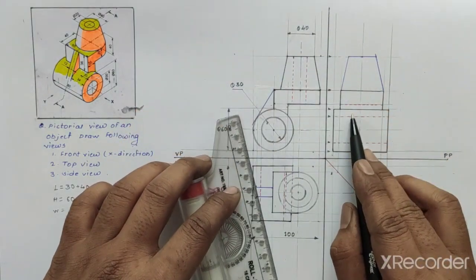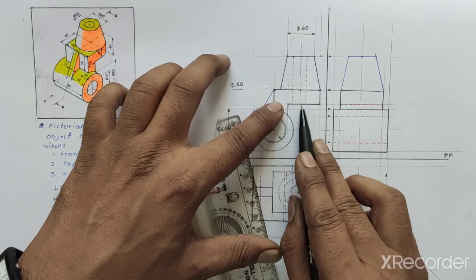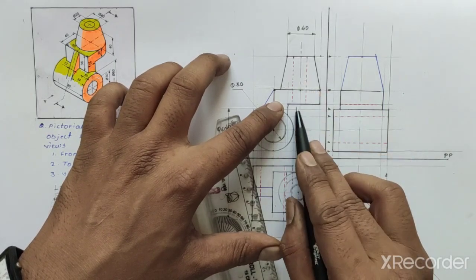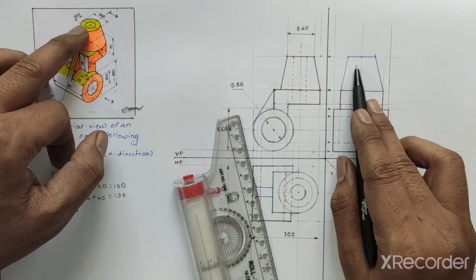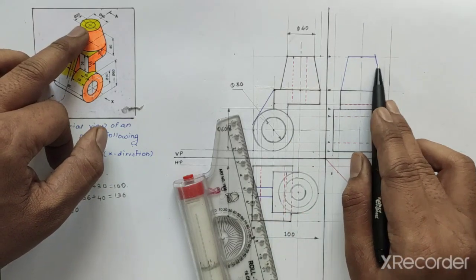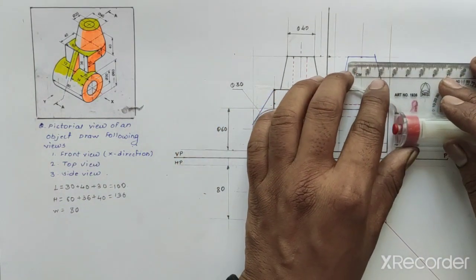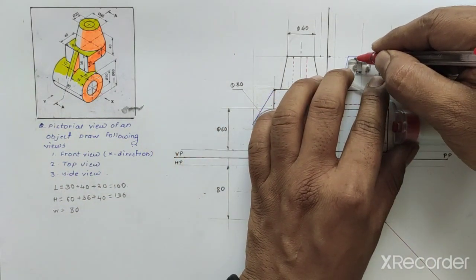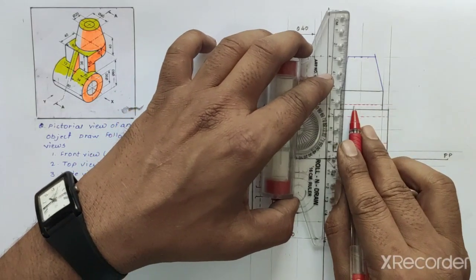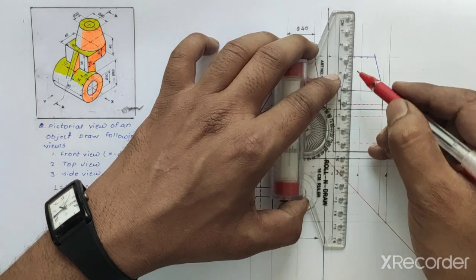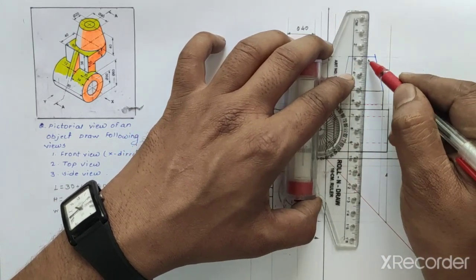An internal hole is present up to this base angular plate. From top to bottom we cannot see the hole of diameter 20. Take the distance 10 mm for one side, 10 mm for other side, and draw the dotted lines, vertical dotted lines 10 mm.